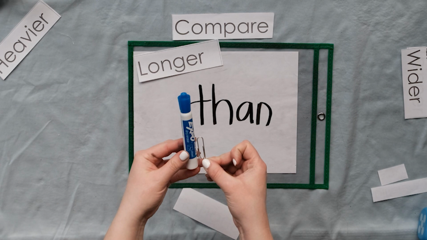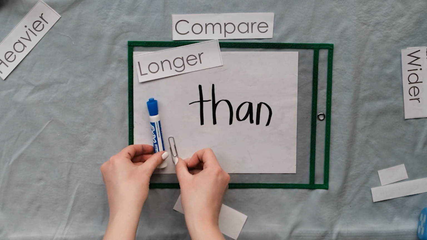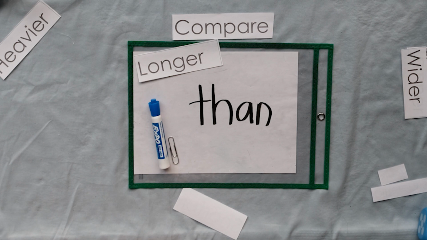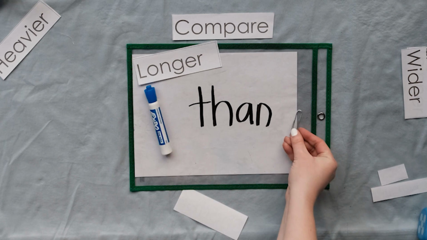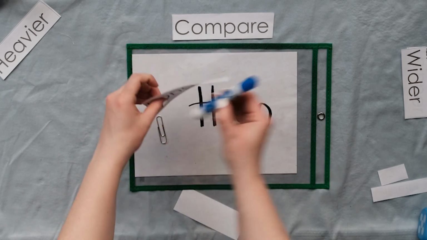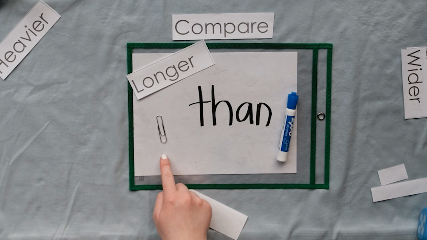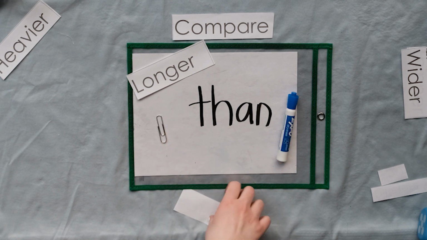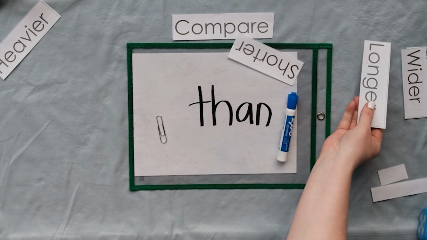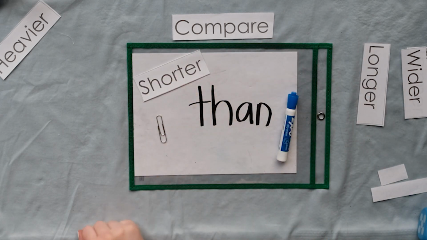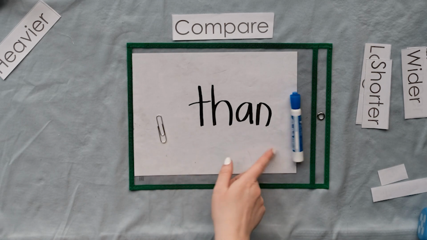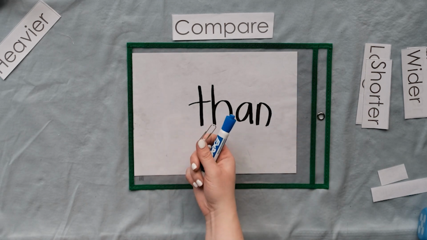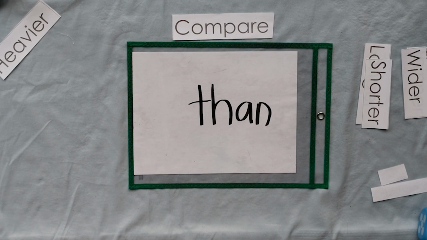I can compare them by putting them really close to each other. If I switch them up, is the paper clip longer than the marker? No. Now I need to use the word shorter. This paper clip is shorter than the marker. Again, I'm using the two items and I'm using the word than, that magic word.